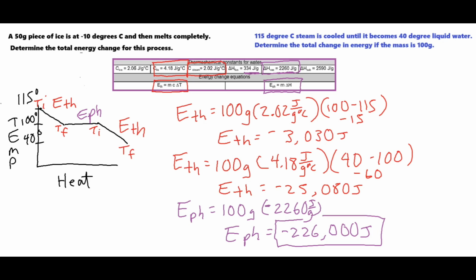This one's a big one because our phase change takes a lot of energy to be rearranged back into a liquid. Now for our total, all we have to do is simply add our three numbers, this one, this one, and this one, and then we have our final answer.